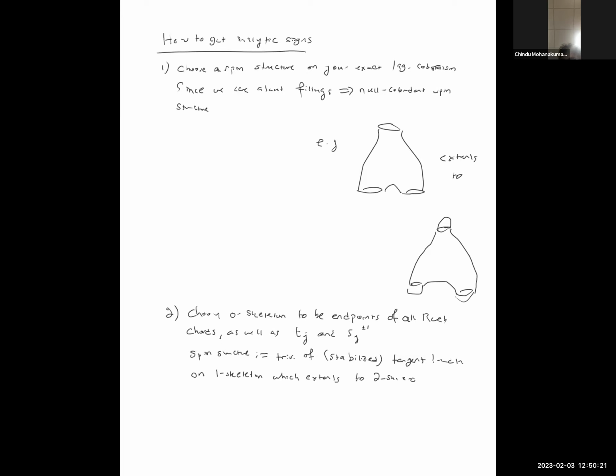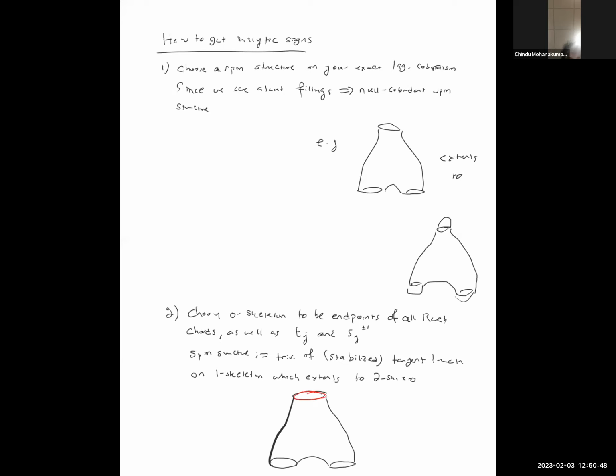Okay, so for example, if I had that basic disk from before. Oh wait, actually let me just show you what the 1 skeleton is, and I haven't told you the next step.